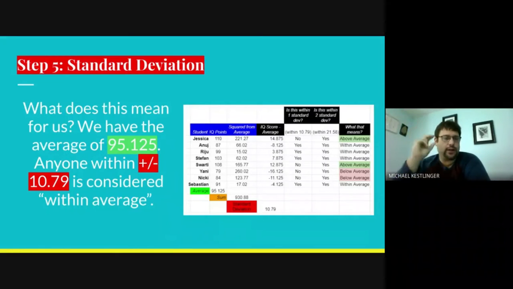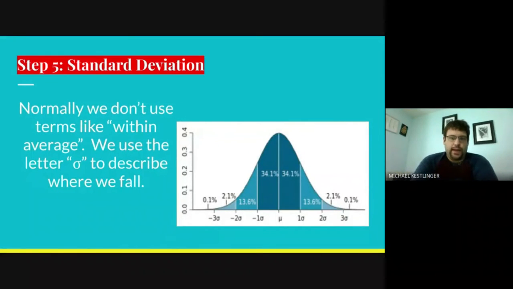It gives us a little more idea about where our data falls compared to each other. You've probably seen this curve right here, and this is the idea that we use. The mu there is basically the average, with the 34 percent region right here. The standard deviation basically allows us to say most of the kids are going to fall within this region.